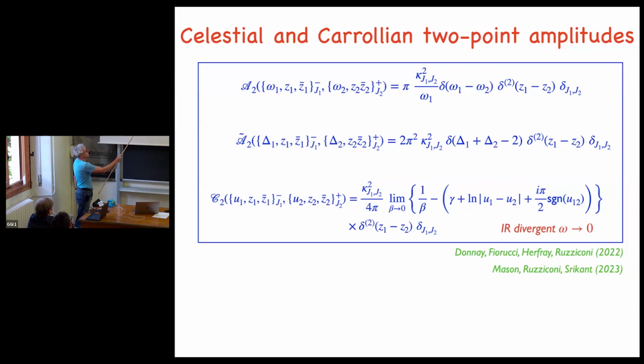This now comes from the 4-dimensional delta function. So this is still the 4-dimensional amplitude. Now we do the Mellin transformation and get the celestial amplitude.